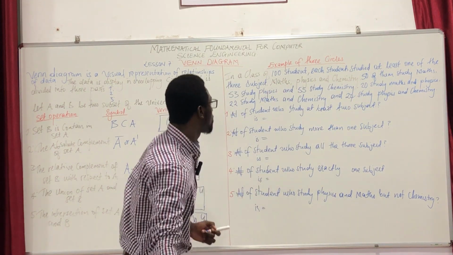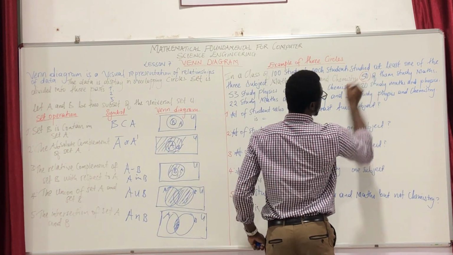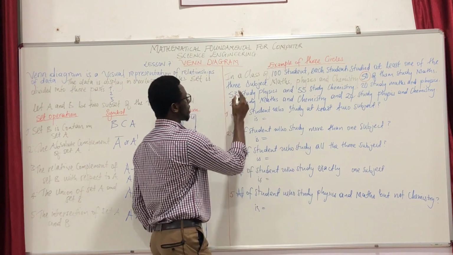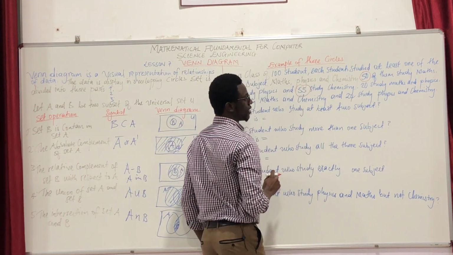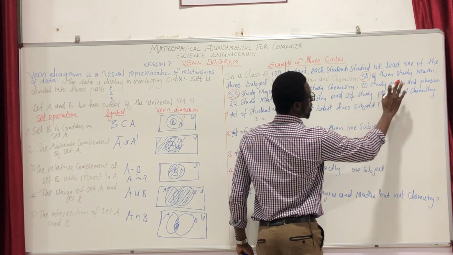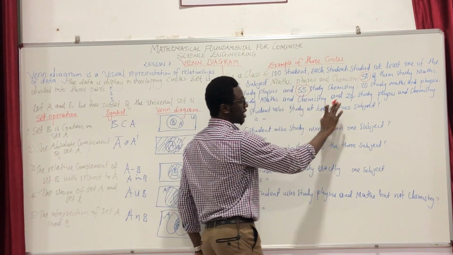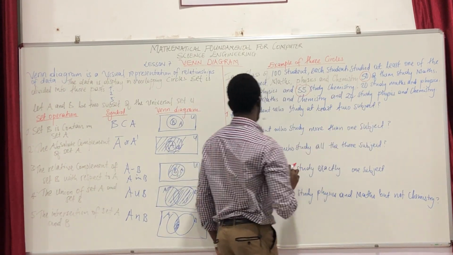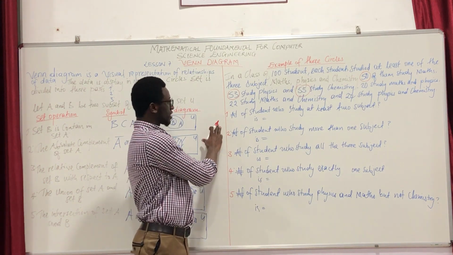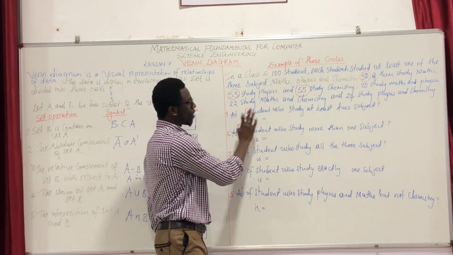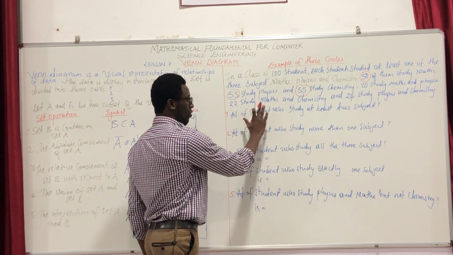So if 50 of the students study maths, and 53 study physics, and 55 study chemistry, then 20 study maths and physics, 22 study maths and chemistry, and 24 study physics and chemistry. So now we have 5 sets of questions on the board. So the first question here says the number of students who study at least 2 subjects. So we need to calculate this.